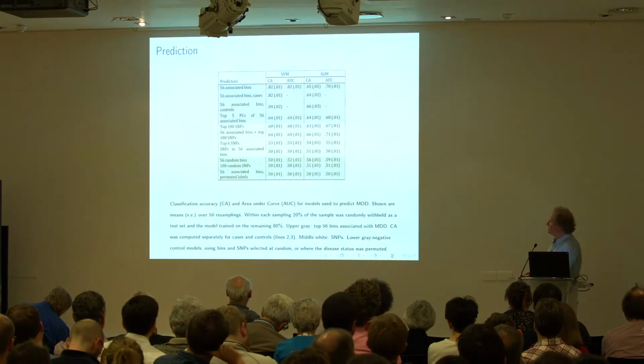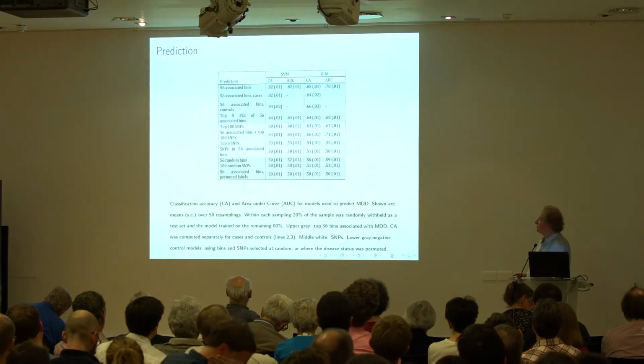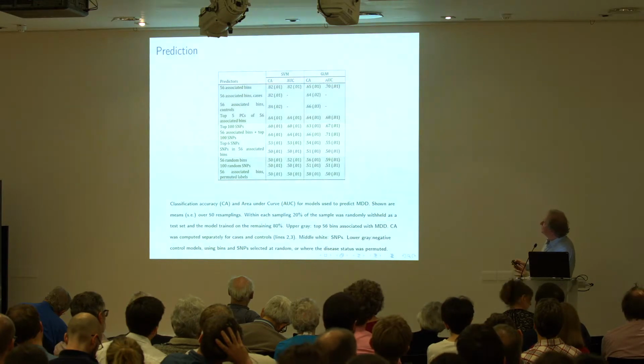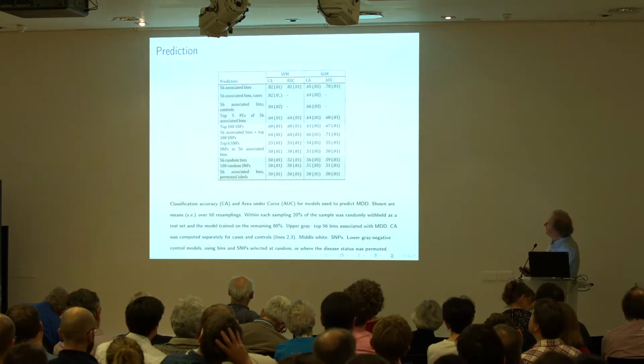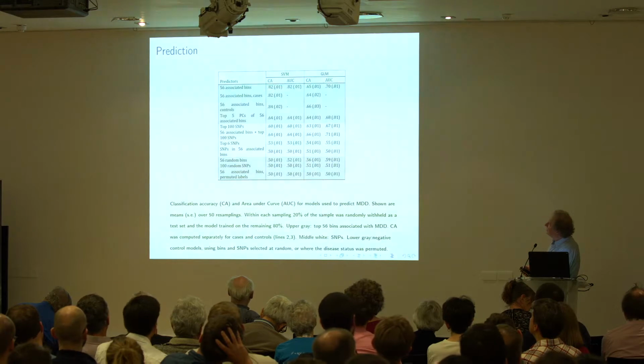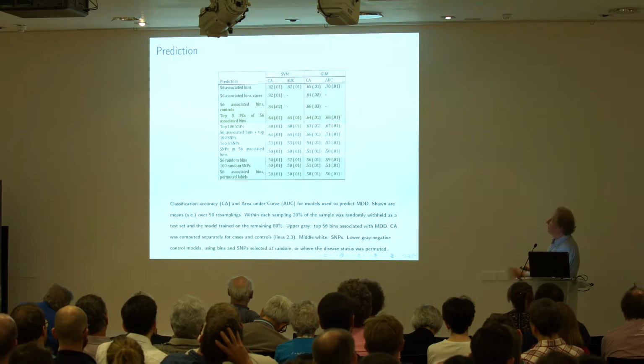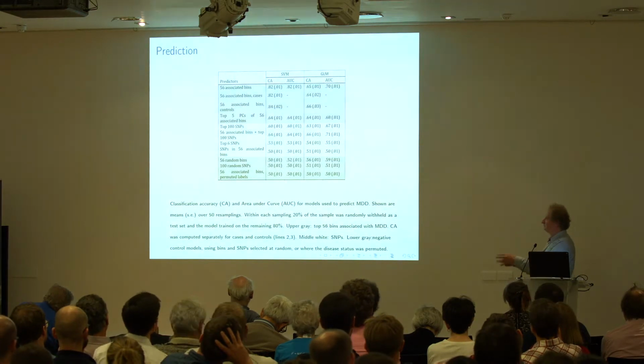Okay, we can also do some prediction. So we've done a little bit of machine learning, nothing like the extent that I think Ed has done. We've just looked at support vector machines and multiple logistic models, but we can get quite accurate classification accuracy. So we can predict with 82% accuracy in our sample, okay?